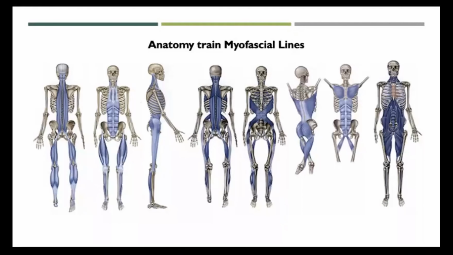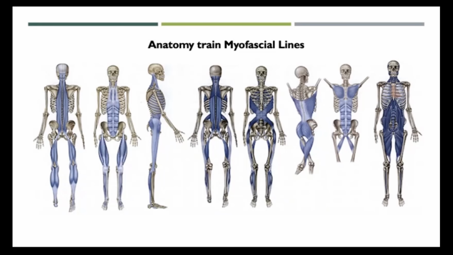Is there a connection? Does it just stop with the tendon? Do these fascial lines that get thicker, are they getting thicker because they're connected to something else? Or are they just getting thicker because of injury or because of repetitive use? And this is what he was investigating.